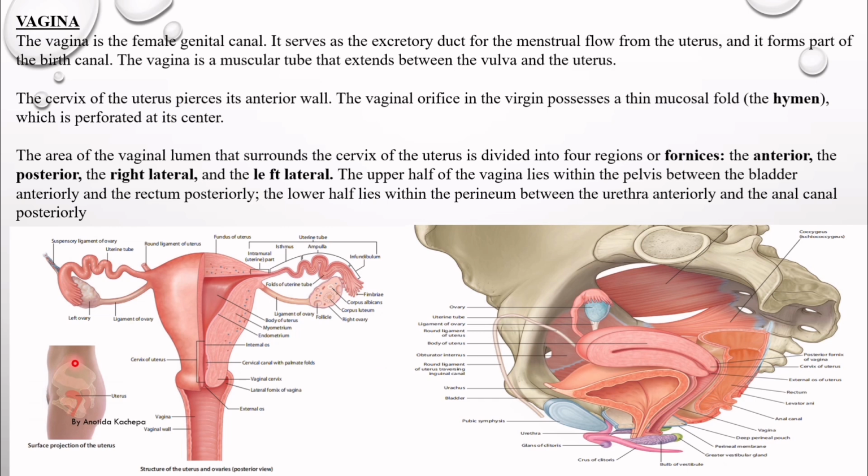Okay, and we appreciate the fact that the upper part will lie between the bladder and the rectum, and the lower part will lie between the urethra and the anal canal. Those will be the relations.